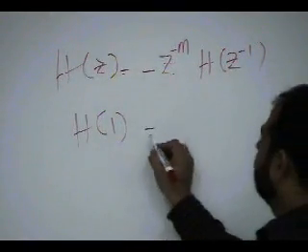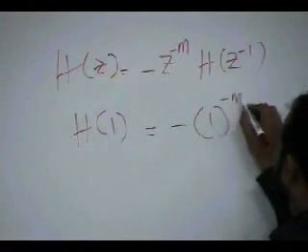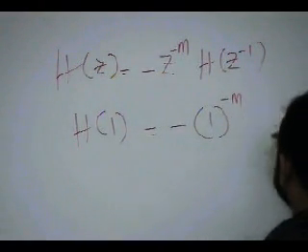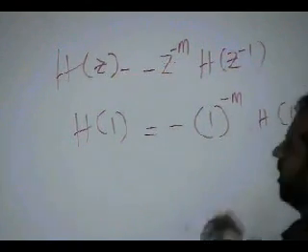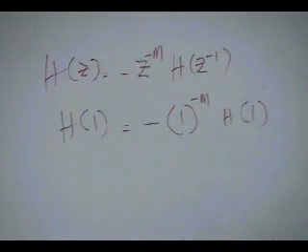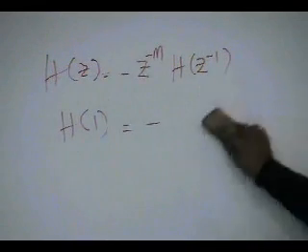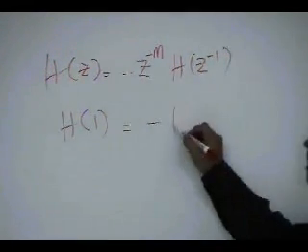At 1 the value of the function is minus 1 raised to the power minus m times H(1). Whether m is even or odd, 1 raised to the power of something is always 1, so we need not worry about this.